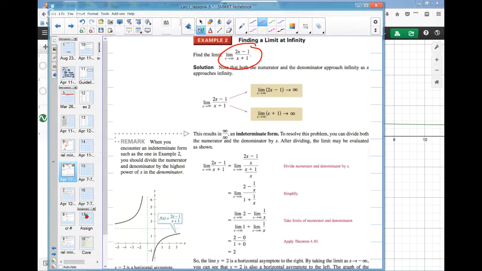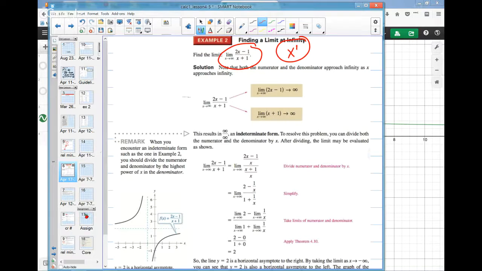In this problem, the largest power of x, I think you'll agree, is x to the first. There's 2 times x to the first minus 1 over x to the first plus 1. The largest power of x is x to the first power. So here's the rule: divide top and bottom by the largest power of x.